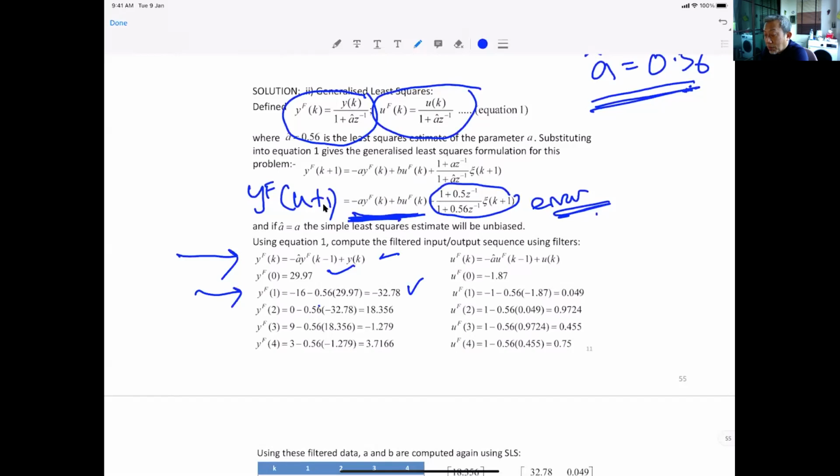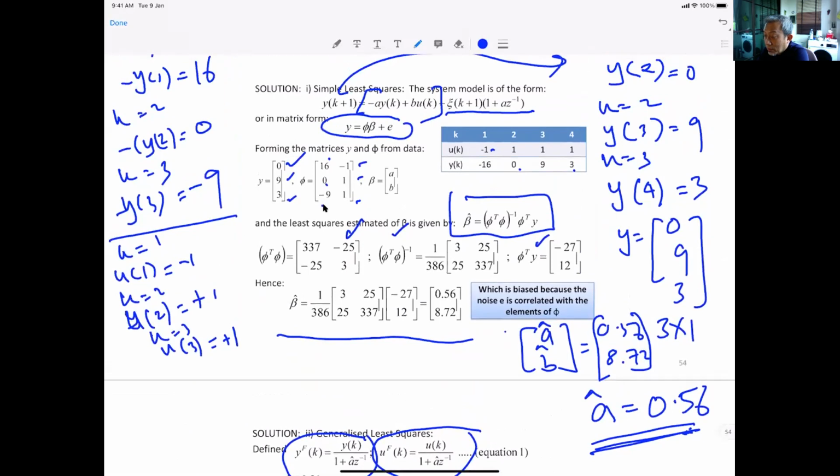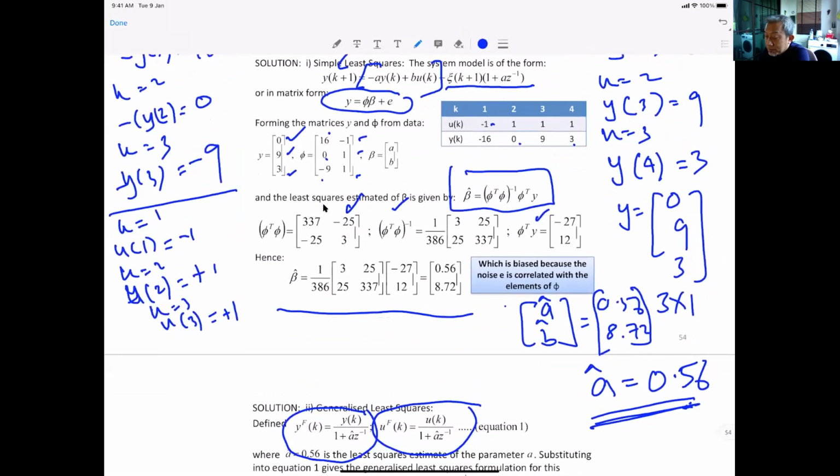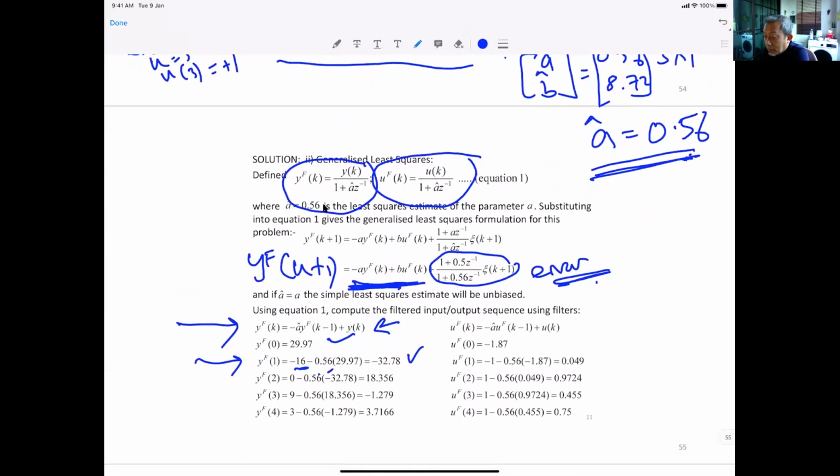Use this equation: minus 16 is y1, minus A cap 0.56 from the value we got in the first part, multiplied with the initial condition y filtered 0, so you obtain minus 32.78.